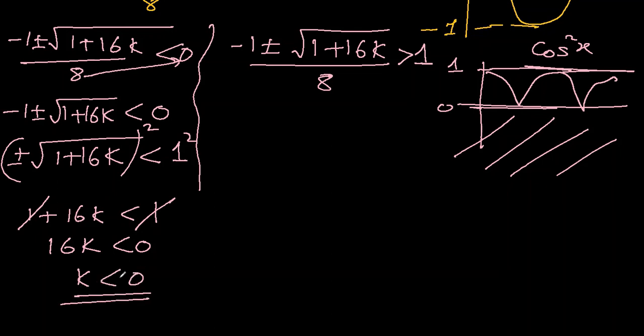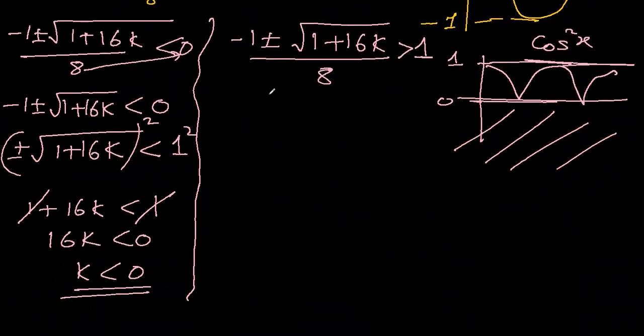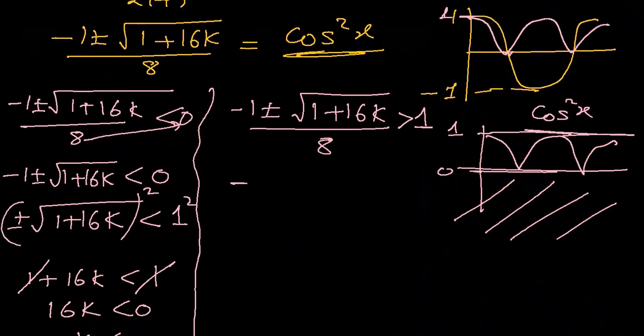K cannot have a value less than 0. If it has, there will be no solution, but k less than 0 is not what they're asking. They're asking us to show that when k is greater than 5, the equation has no solution. So maybe this one will give us k greater than 5. They're not telling us that k greater than 5 is the only one where it has no solution. It is k less than 0 also. So let's do the same thing here also.